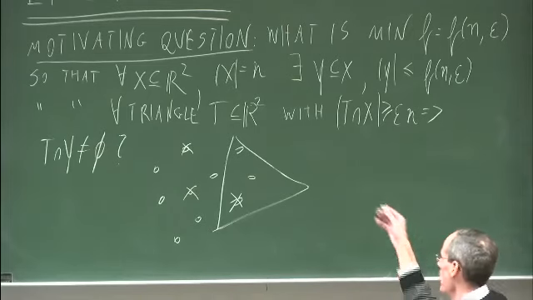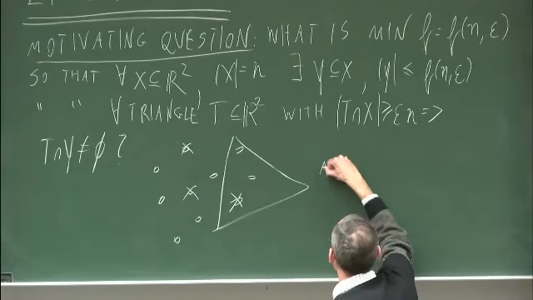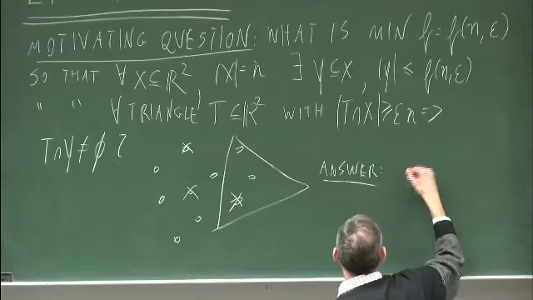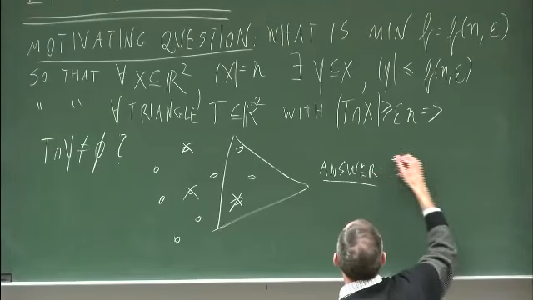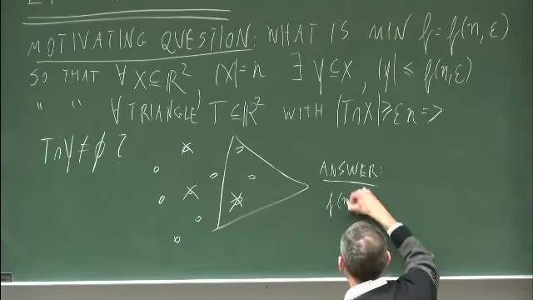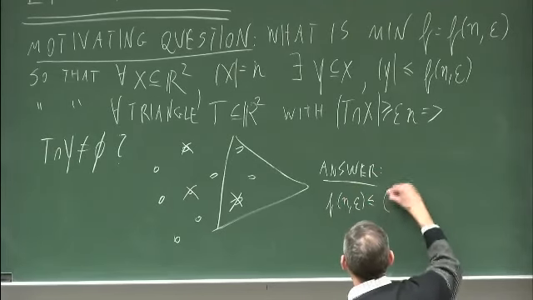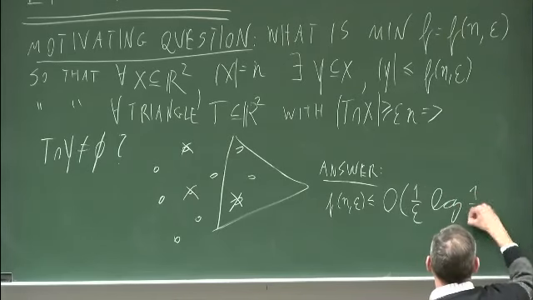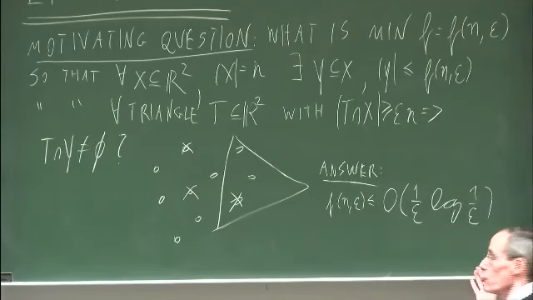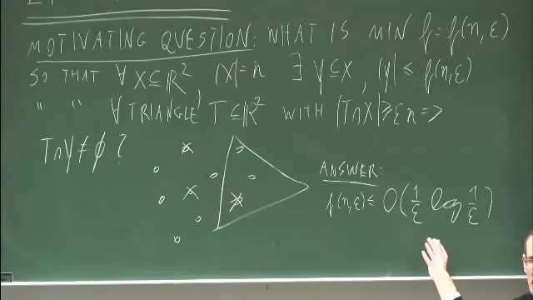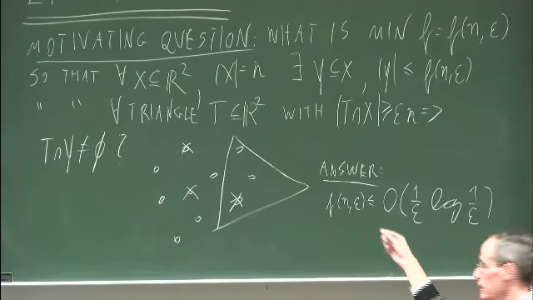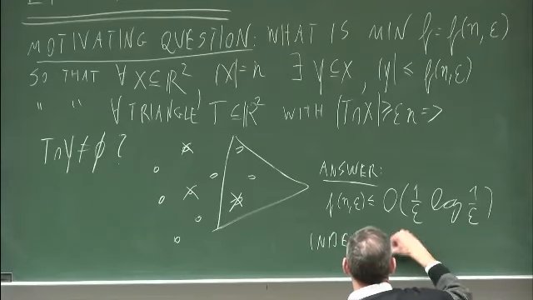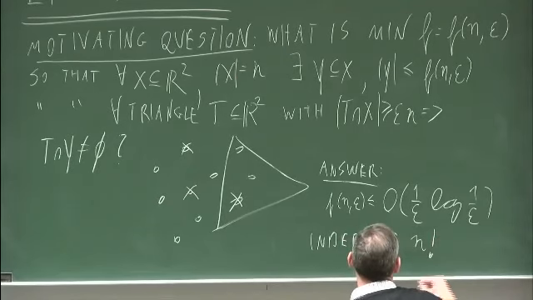And the somewhat surprising answer, if you haven't seen it before, is that f of n and epsilon is bounded by some constant times 1 over epsilon, log of 1 over epsilon, and the important thing here is that it's independent of n. Independent of n. Right?